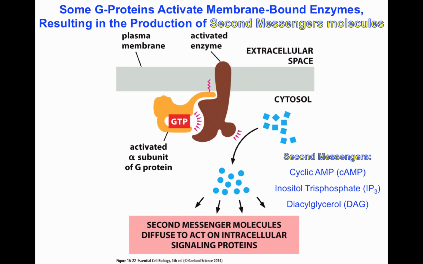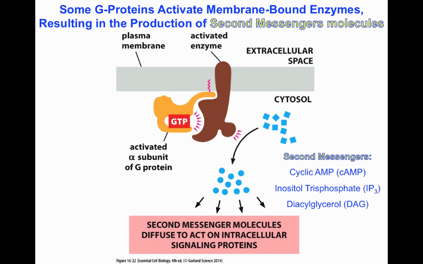Now, one of the things that we're going to see is that some of those G protein activated membrane-bound enzymes are going to result in the production of secondary messenger molecules. One of the most important ones is going to be cyclic AMP. Other ones we're going to see are going to be able to take phospholipids and break them into two subunits.